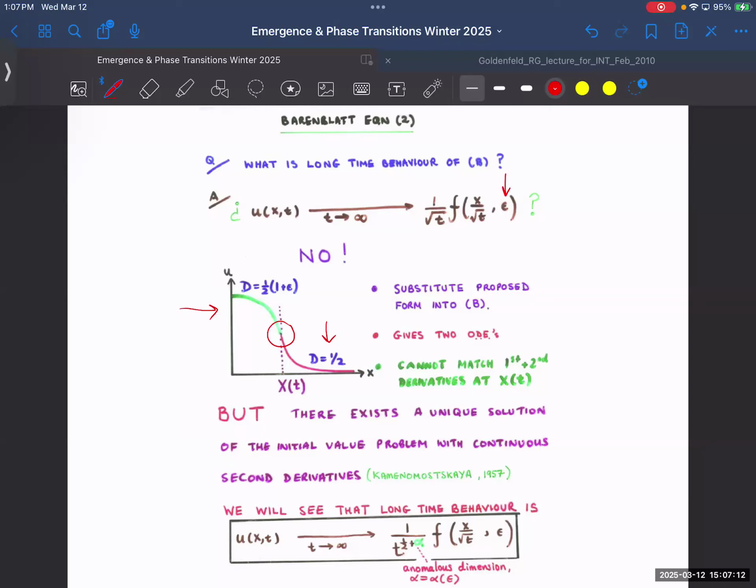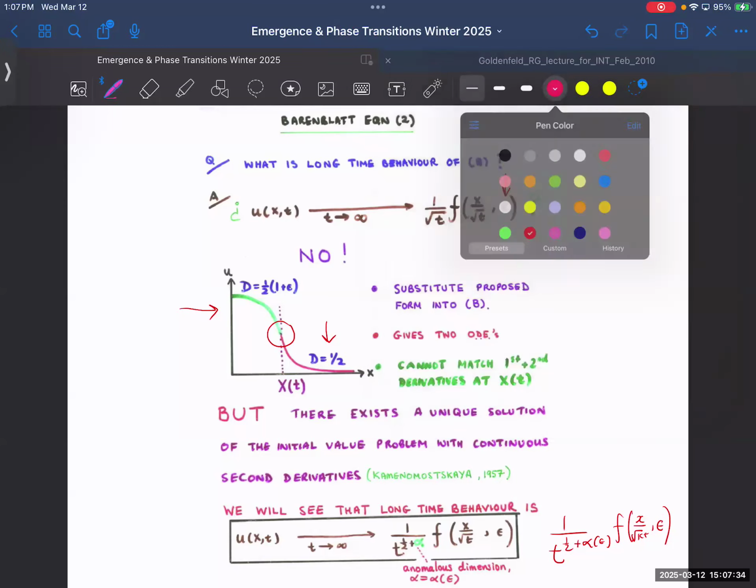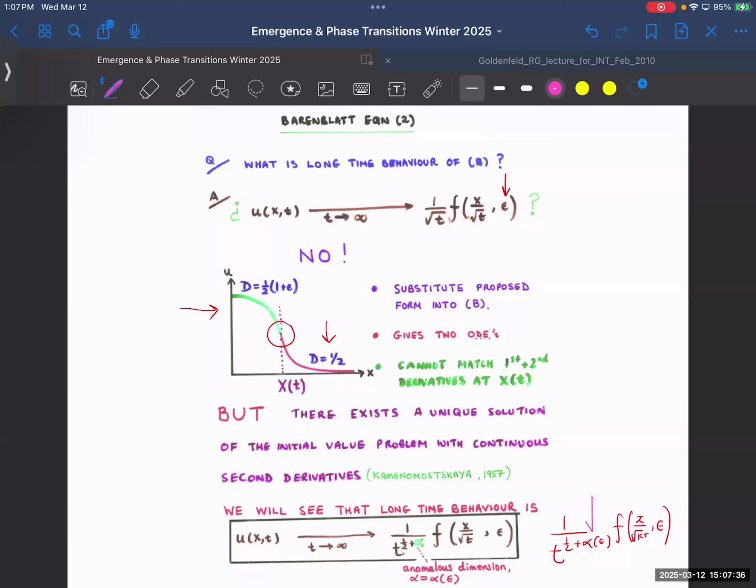And I'm going to show you now that the solution looks like this. It looks like 1 over t to the 1/2 plus alpha, where alpha will depend on epsilon, times a scaling function of x over the square root of kappa t, and epsilon. And so in this problem, what you have is an anomalous dimension.